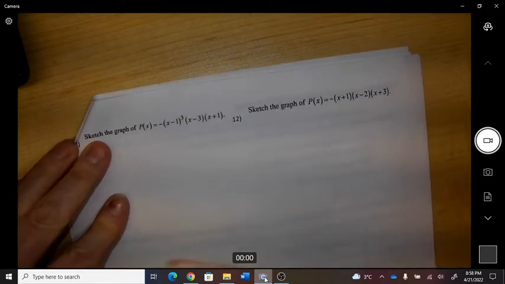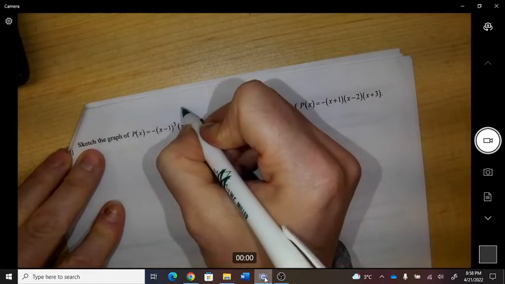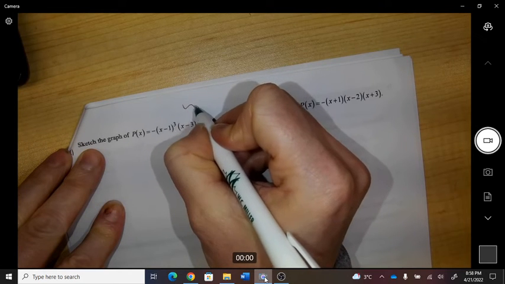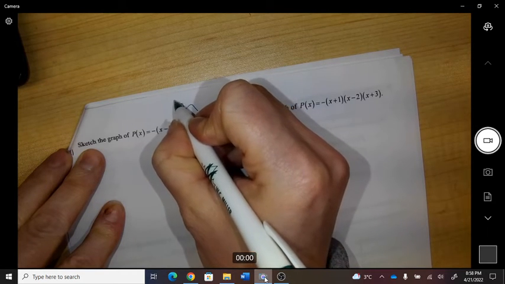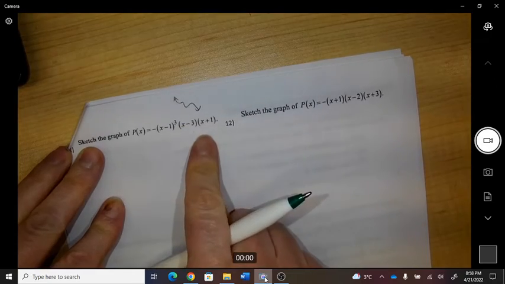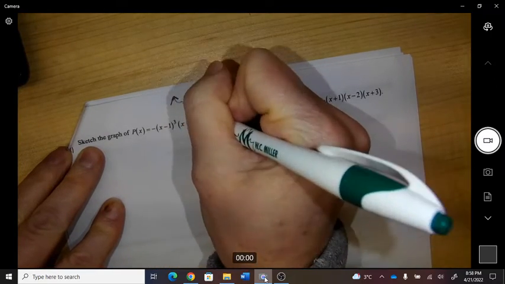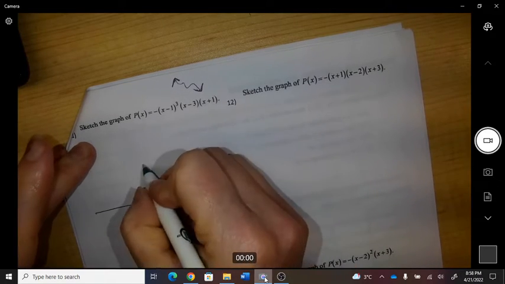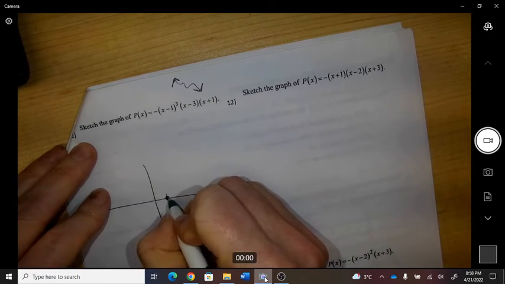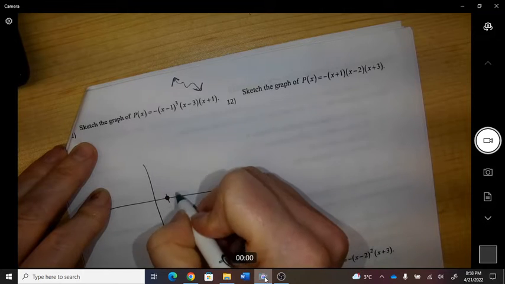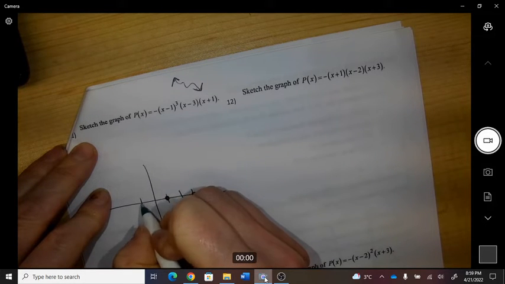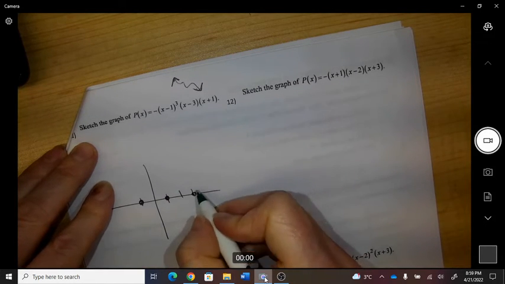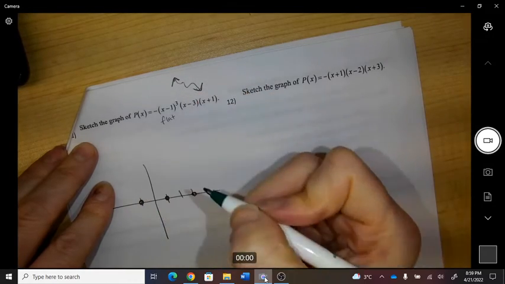Sketch these graphs, so 3, 4, 5, and it's a negative. So I know my arrows are going to be going in those directions. So I have an x-intercept at 1, at 3, and at -1, and this is going to flatten.